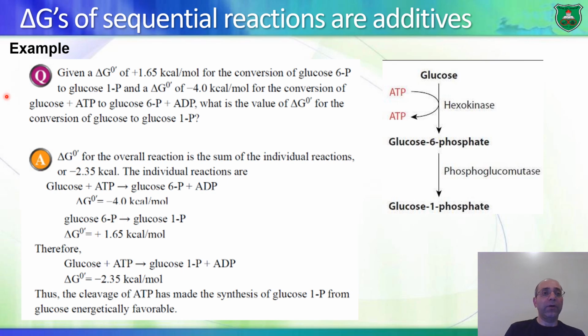So therefore, delta G of the whole reaction, going from glucose to glucose 1-phosphate, is basically delta G not prime of the first reaction plus delta G not prime of the second reaction. That is plus 1.65 plus minus 4, which would be equal to minus 2.35. So this whole reaction is actually exergonic and it is favorable.